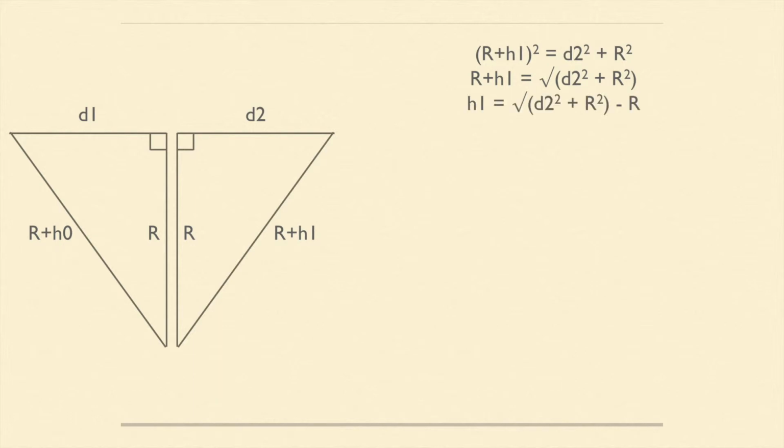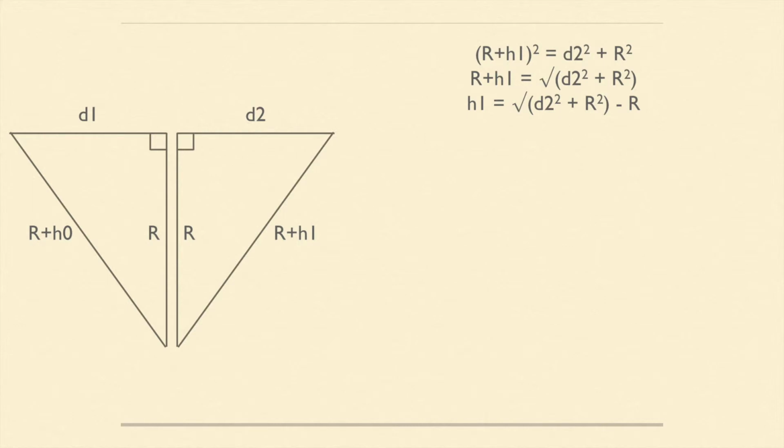Then we can solve this for h1. So we move r over. So r on the left side will be minus r on the right side since it's moving sides. So now we have an expression for h1, which is h1 equals the square root of d2 squared plus r squared, minus r.